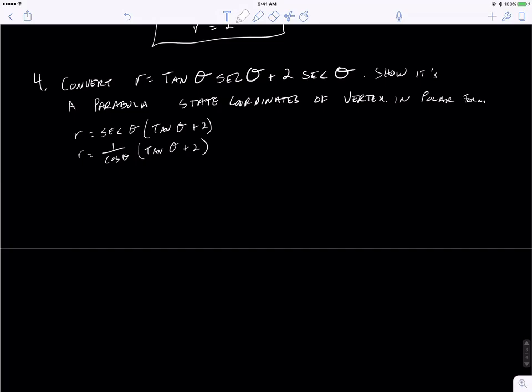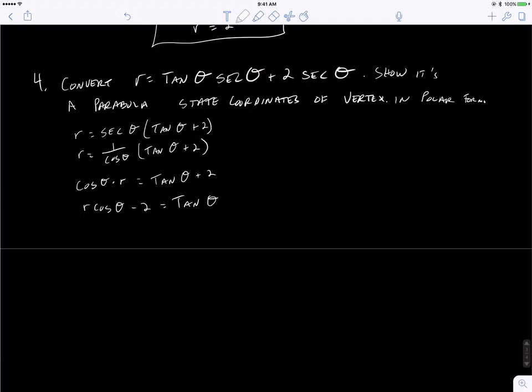So I'll multiply both sides by cosine. I'll probably subtract 2, so I've got r cosine theta minus 2 equals tan theta.